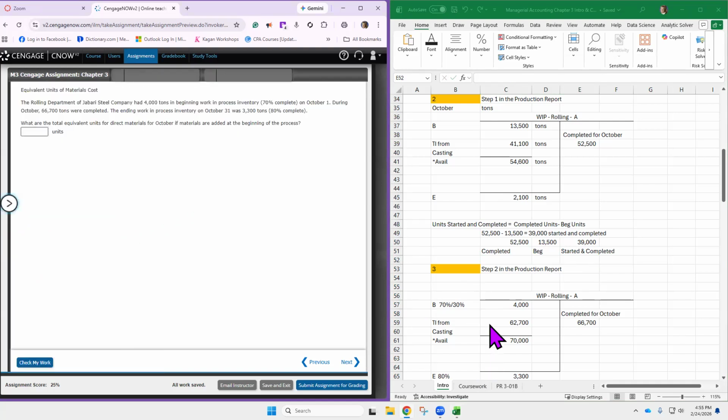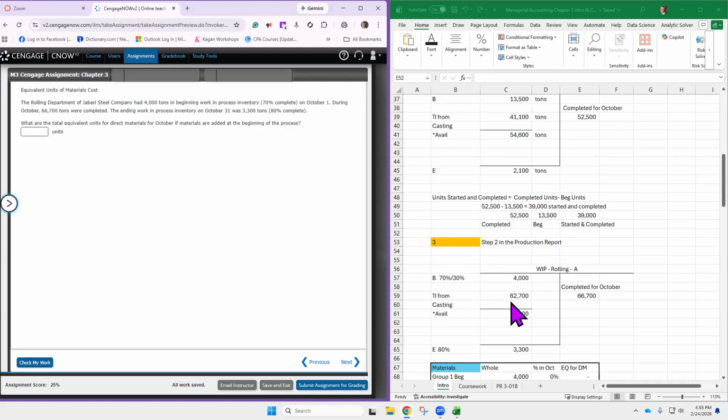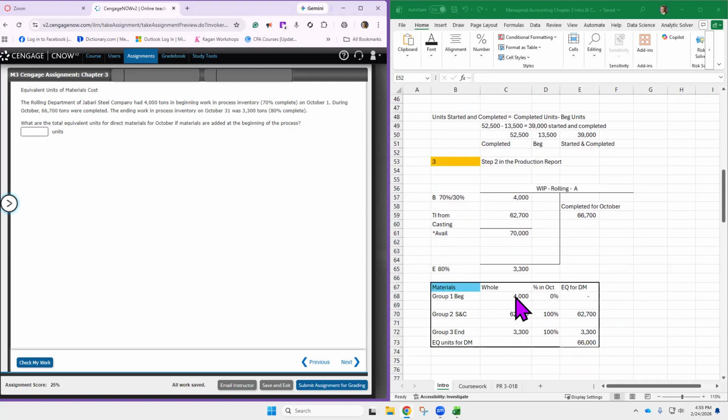The second step in the production report is to come up with total equivalent units. We're going to do this for direct materials only here. So we're going to start off with the beginning work in process, which is 4,000 tons. They are 70% complete.